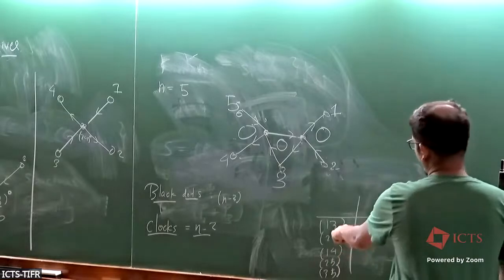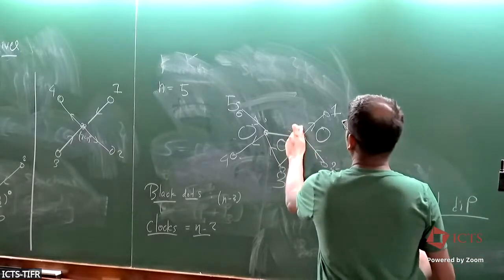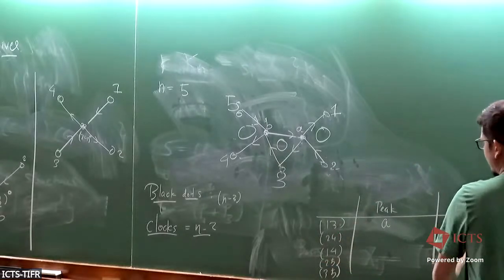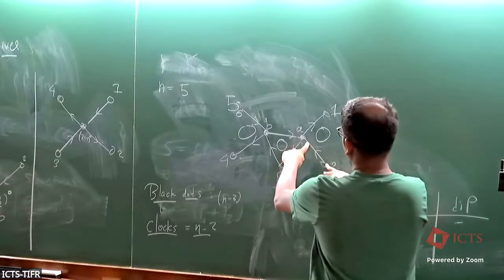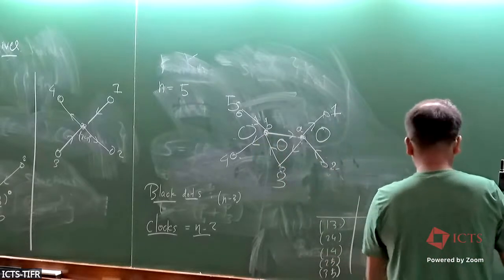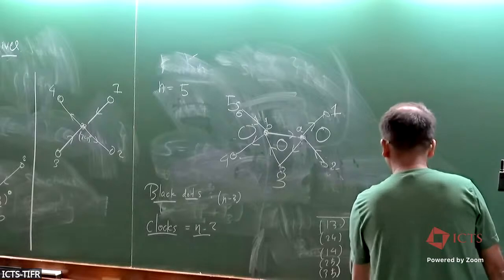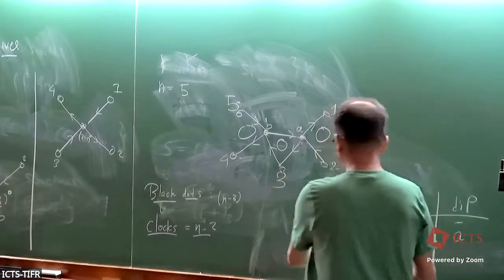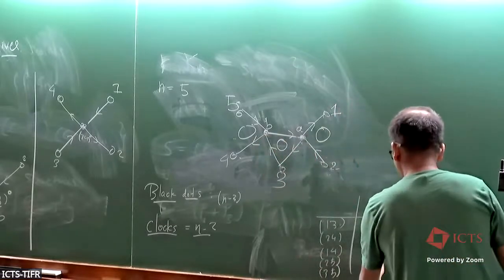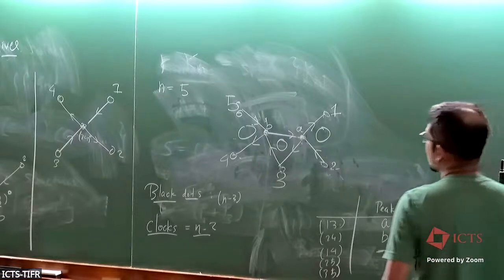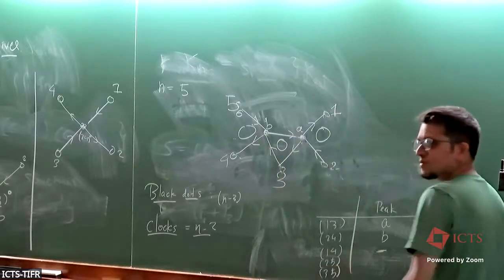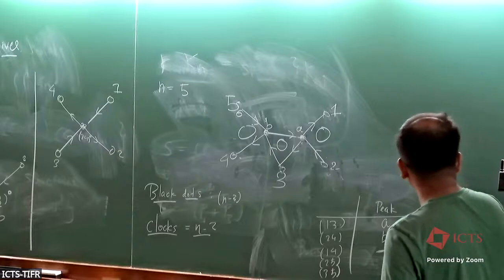Now let's label. For 1, 3, let's call this dot A and this dot B. So 1, 3 has a peak at A and no dip, so it's empty. Then 2, 4 has a dip at A and a peak at B. And 1, 4 has nothing at A and a peak at B. And 2, 5 has a dip at A and nothing at B. Peak at B, sorry.